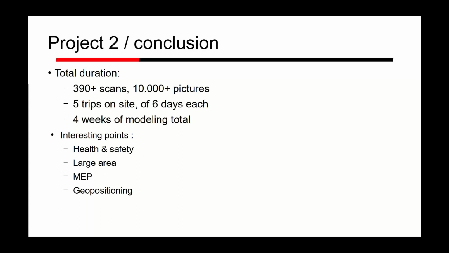An interesting point in that project, first, the health and safety issue: working in a high location where you have to be careful, working in places where things have to be clean and have to be cleaned after working. It is important to be non-intrusive, to not annoy people by putting markers and such or putting things on the wall.